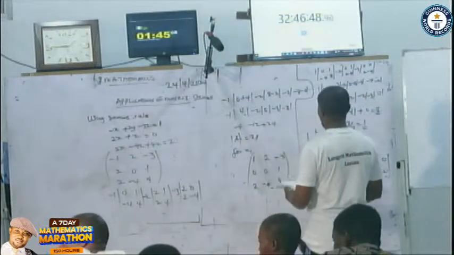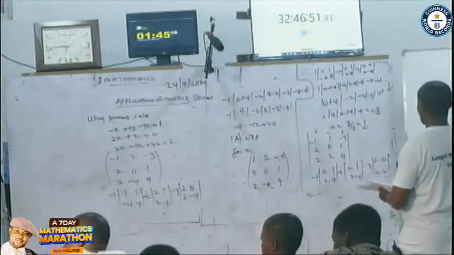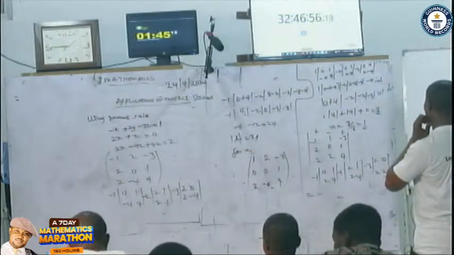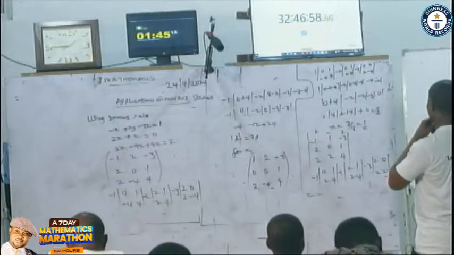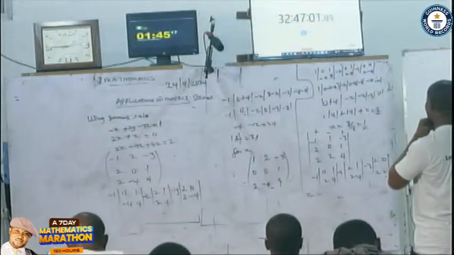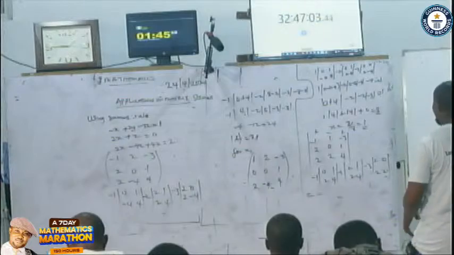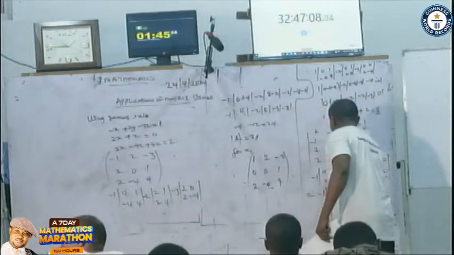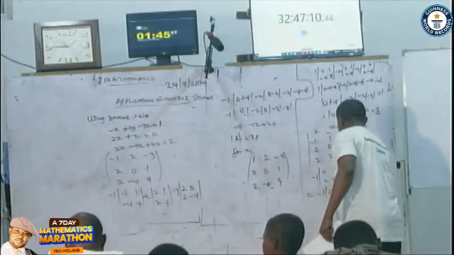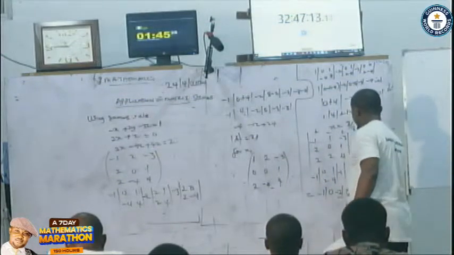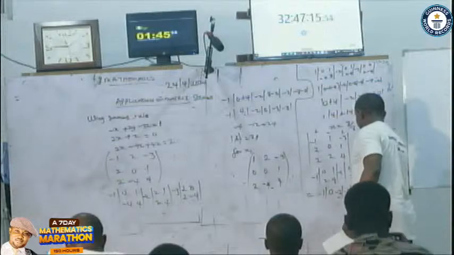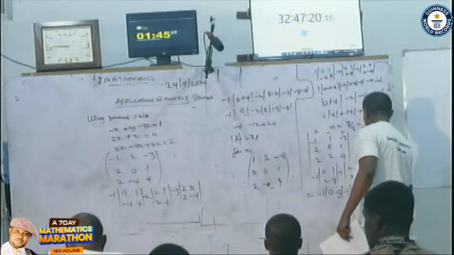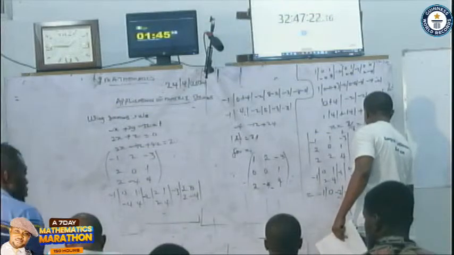So if you now put that value there, we have minus 1, 0, 1, 2, 4, minus 1, 2, 1, 2, 4, minus 3, 2, 0, 2, 2. So this place will now be minus 1 into 0 minus 2, minus 1 into what? 8. 8 minus 2, minus 3 into 4 minus 0.